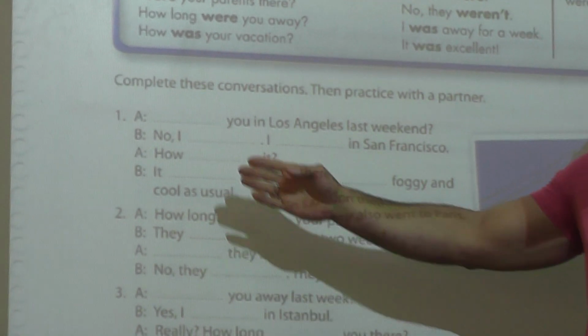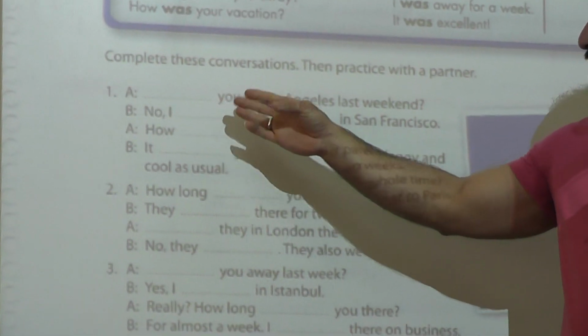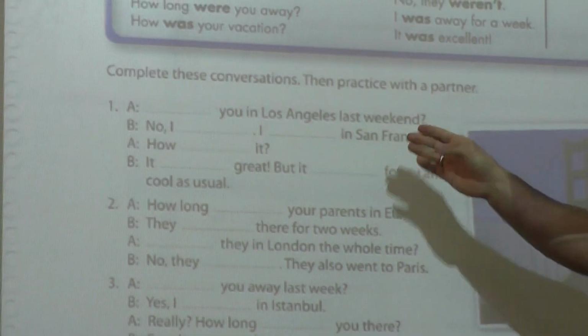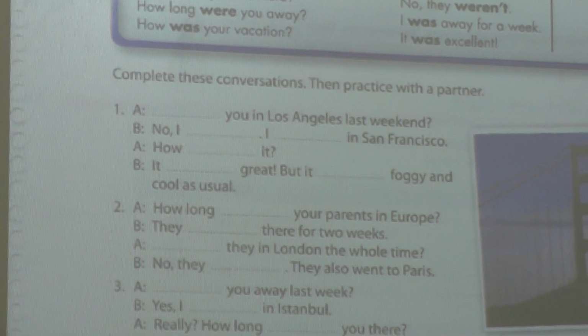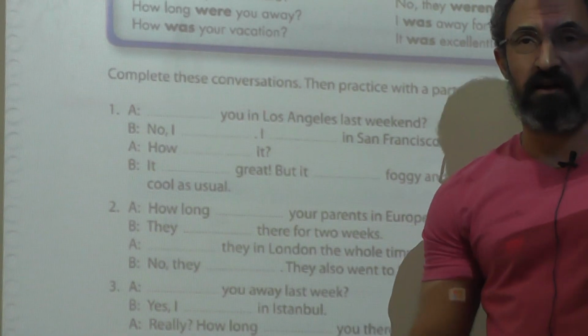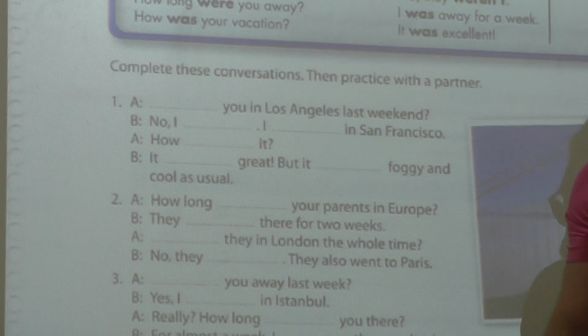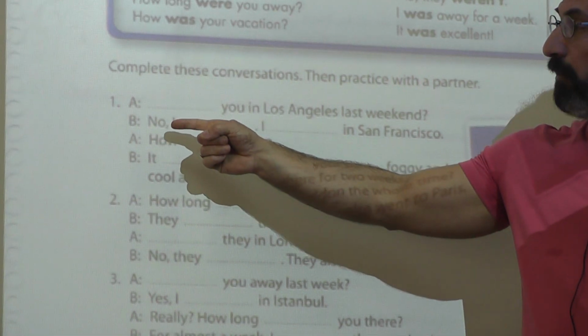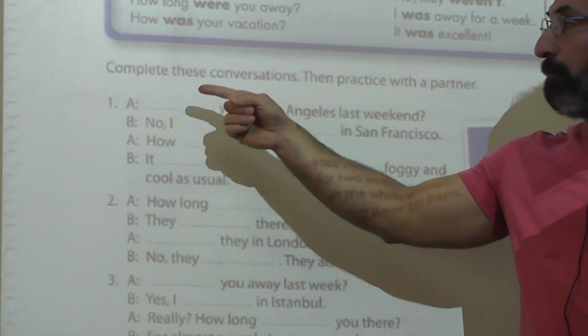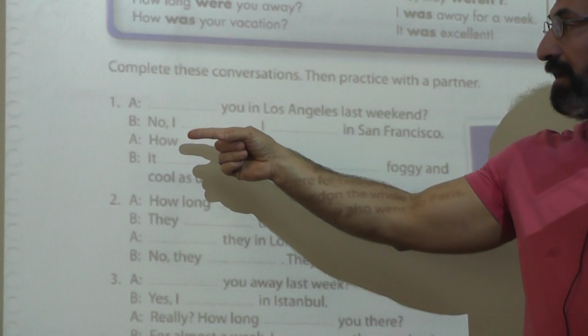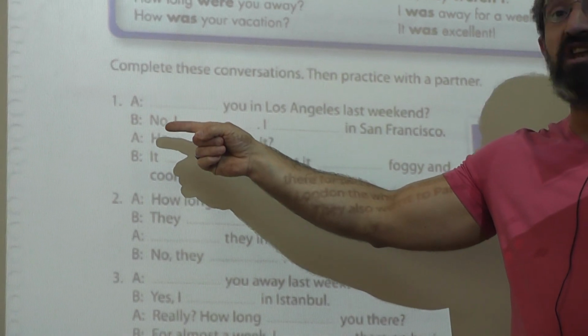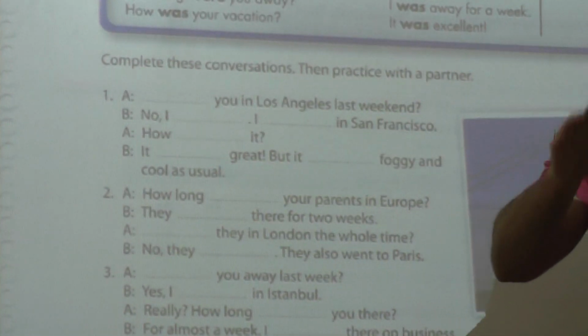So, number one, space used in Los Angeles last weekend. Here I have to complete either was or were. Why? Because if we look at our answer below my question, it's gonna start with no. So I have to make a yes/no question.